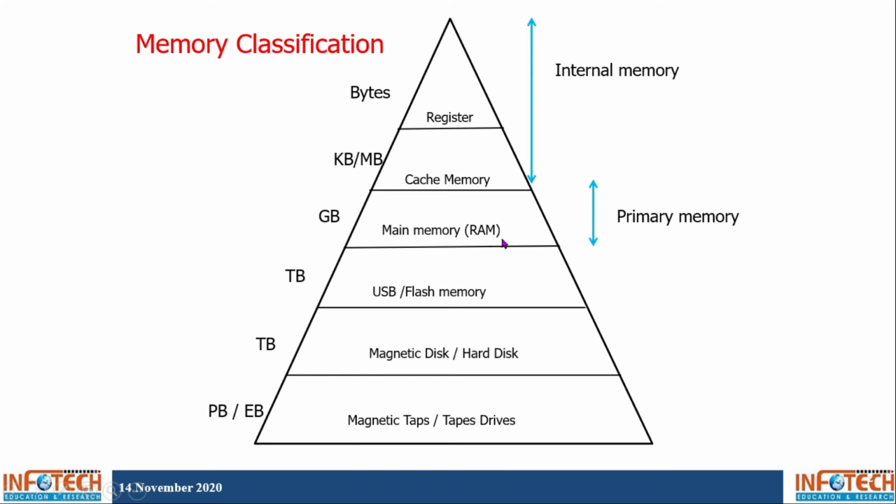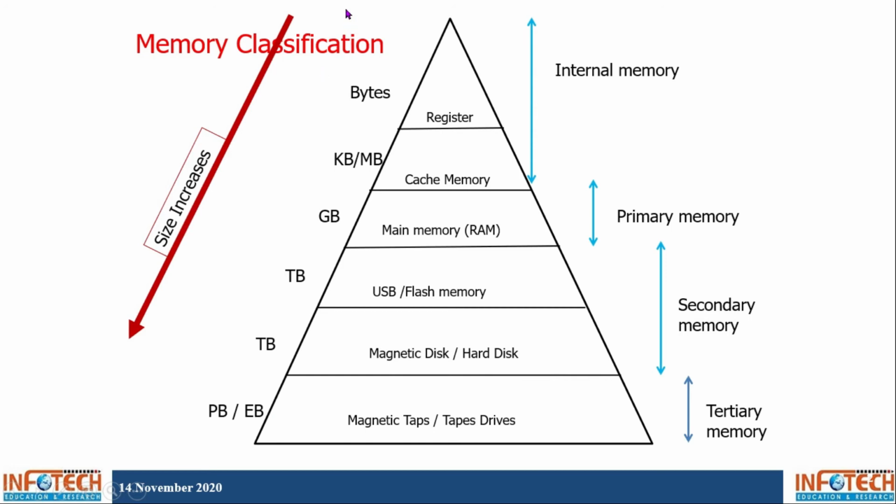We are not loading our operating system, whether Windows 10, Mac, or Linux, on the RAM. We load it on the secondary storage, either on SSDs, a USB flash drive, or the hard disk. The last one is the tertiary memory, which is used for storage.